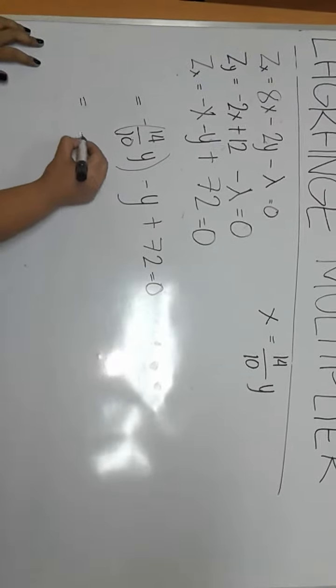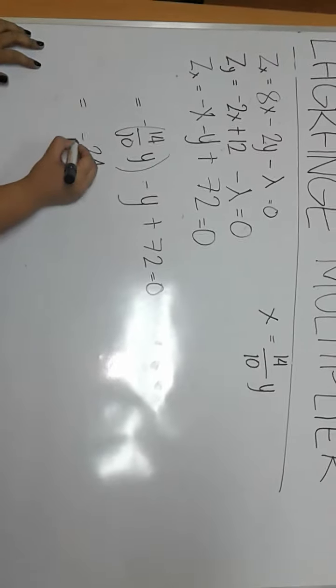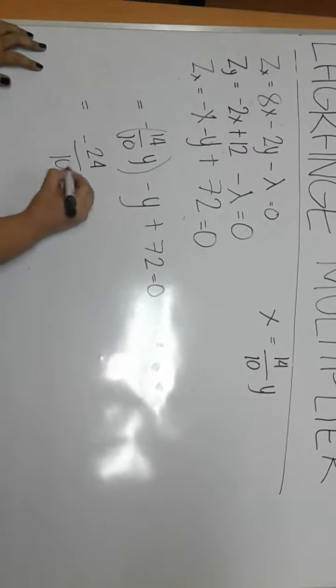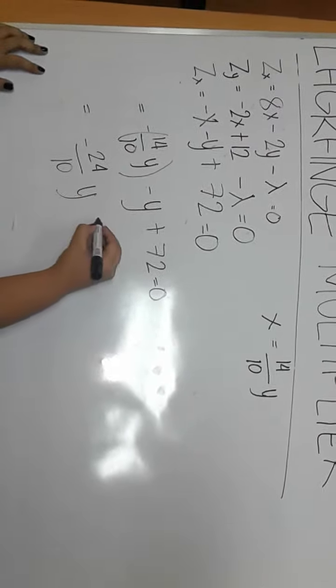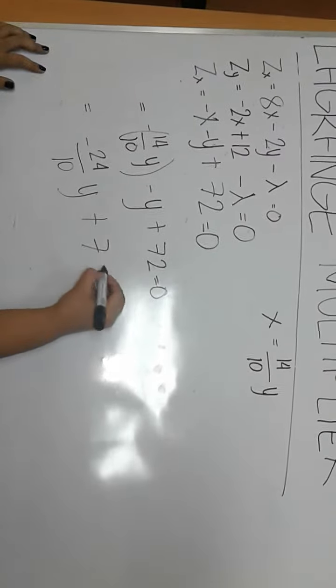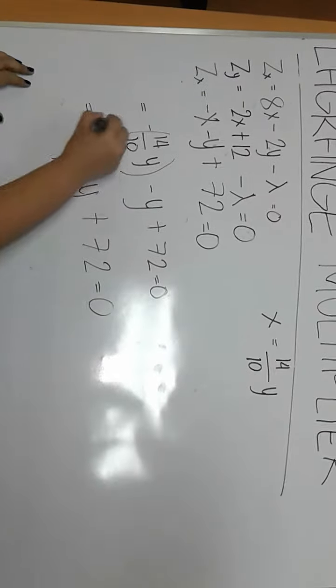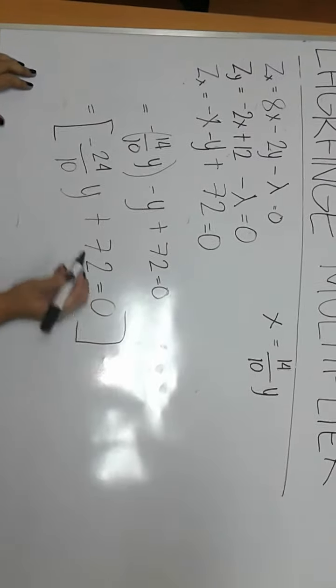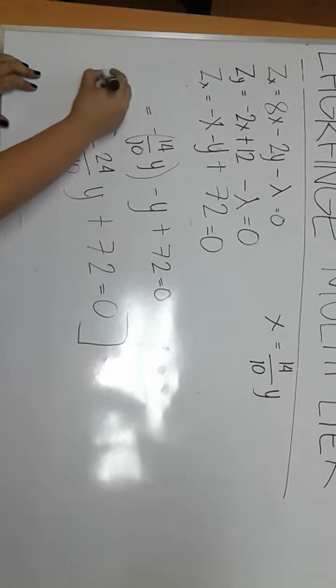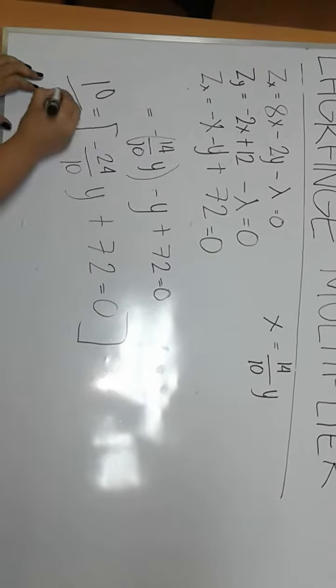So negative 24 over 10y plus 72 is equal to 0. Multiply it by 10 over 24.